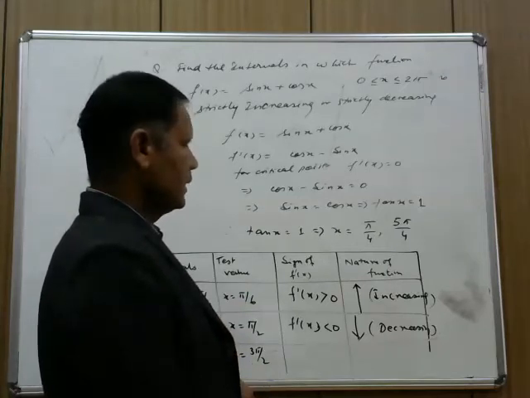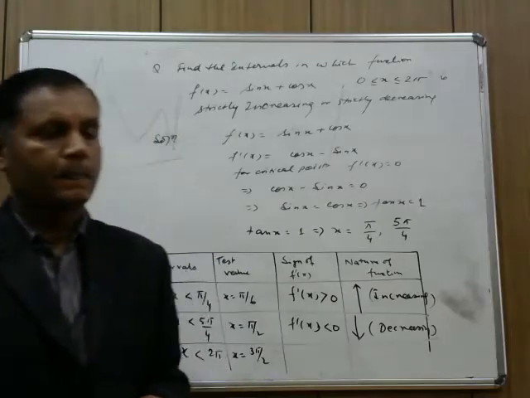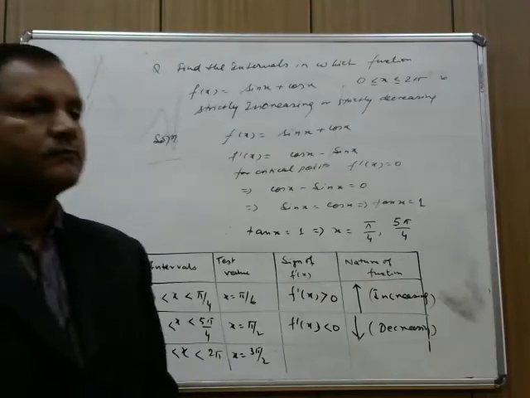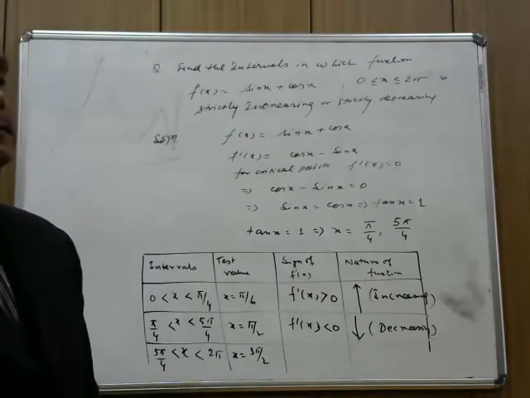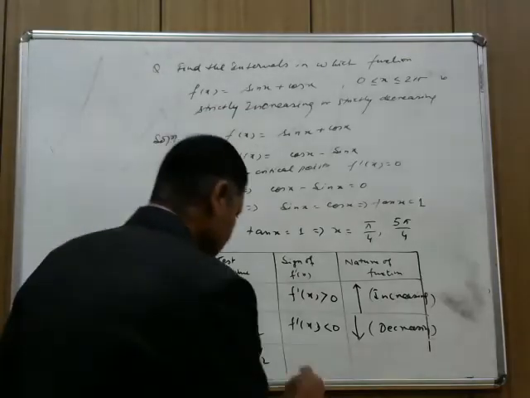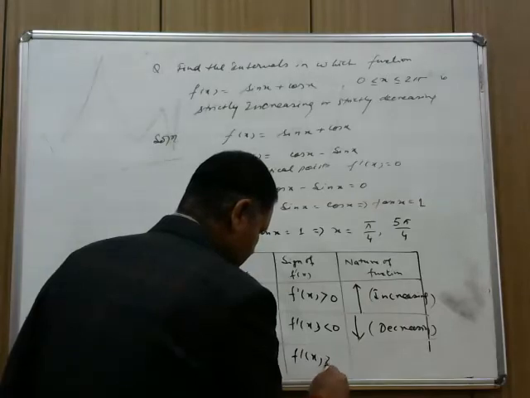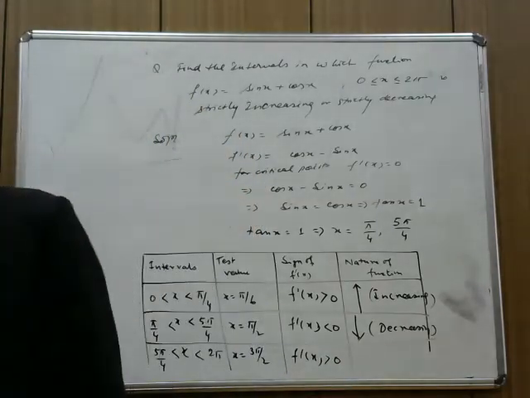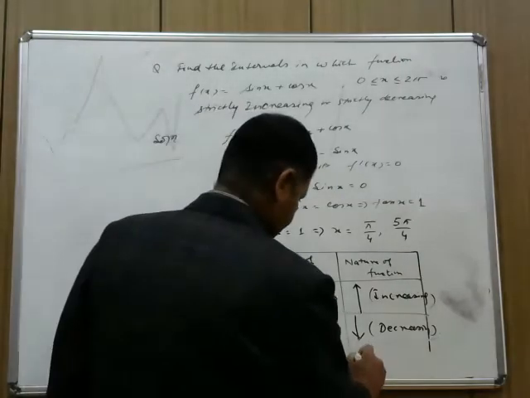How much? 1. 1 minus 0. Right? That's why f dash of x will be again here greater than 0. That means the function is increasing.